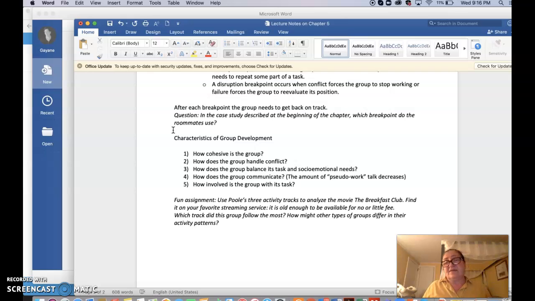Interesting point that over years, if a group exists for a long time, pseudo work talk decreases. People stop wasting time, but they just get to the point because they develop this focus and maybe socialize outside of the group already. And finally, how involved is the group with its task?